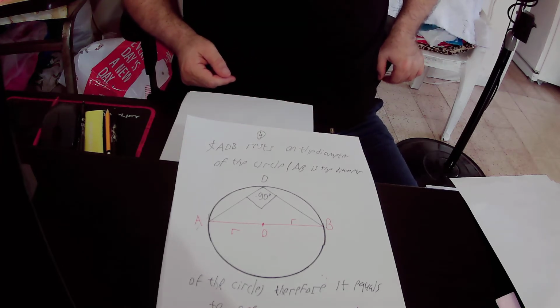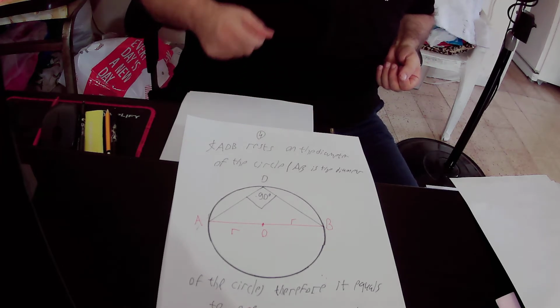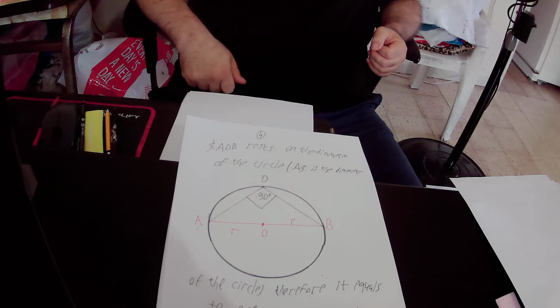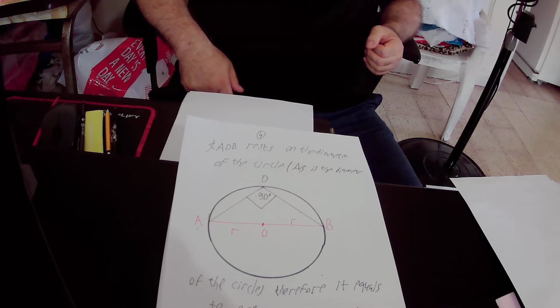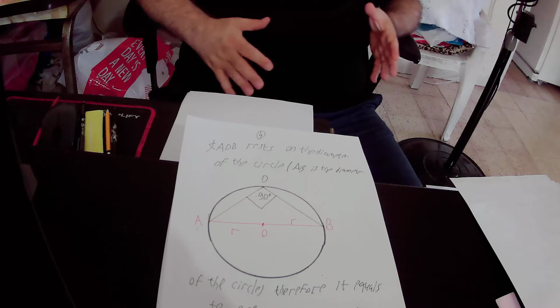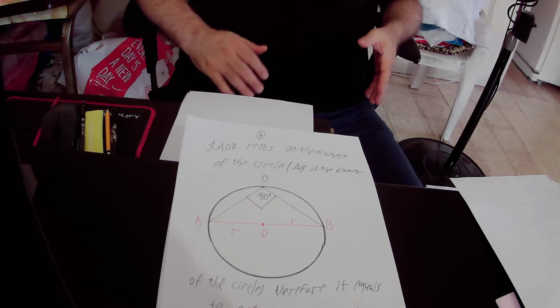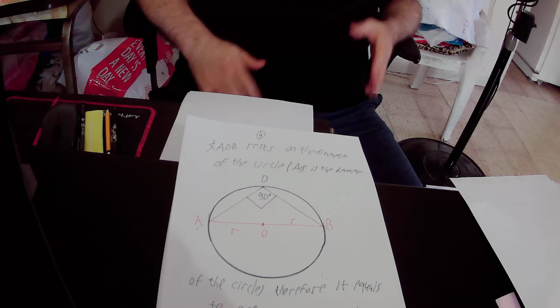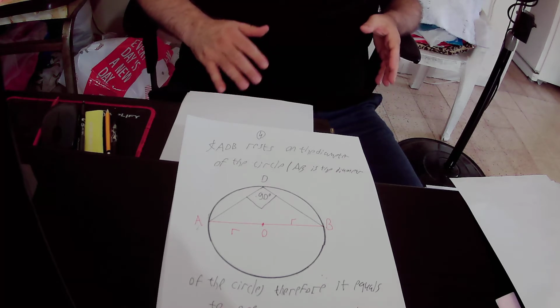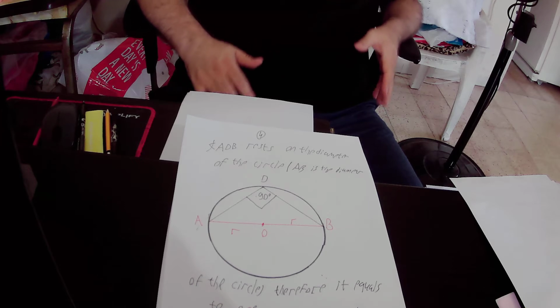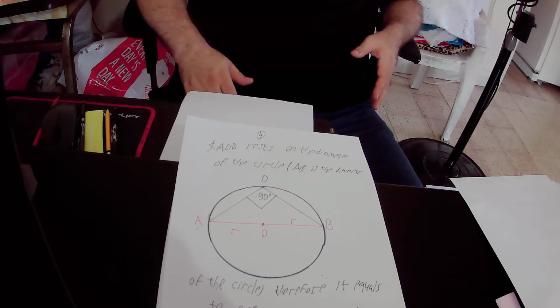Angle ADB is a peripheral angle that rests on the diameter of the circle, because AB is the diameter of the circle, and angle ADB rests on chord AB. So angle ADB rests on the diameter of the circle.